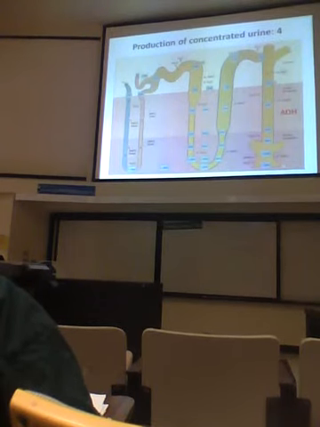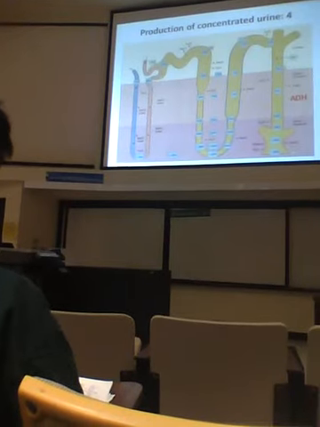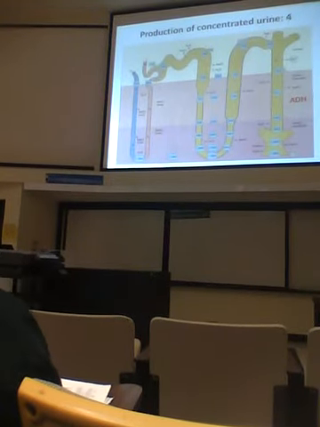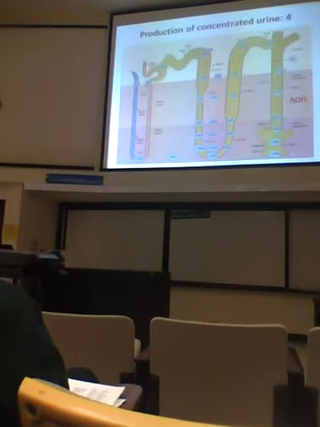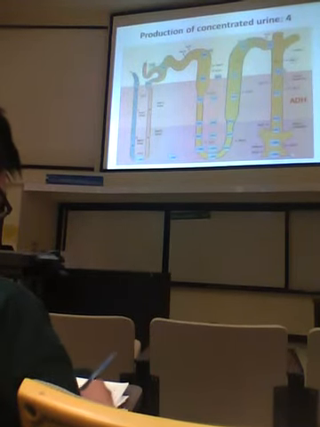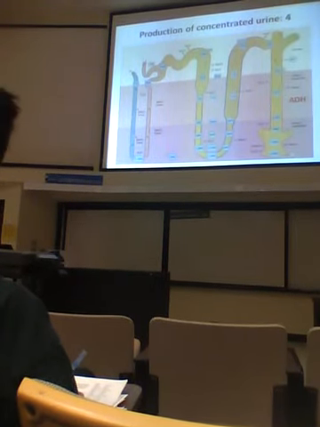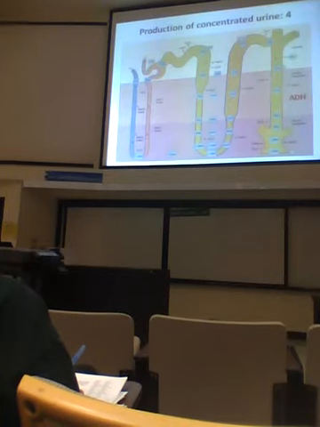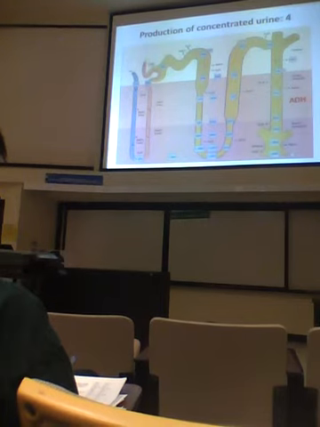So your question is, what determines whether or not there are water channels in these membranes? The answer is ADH. If you have ADH, you have water channels, and you pee out small amounts of concentrated urine.